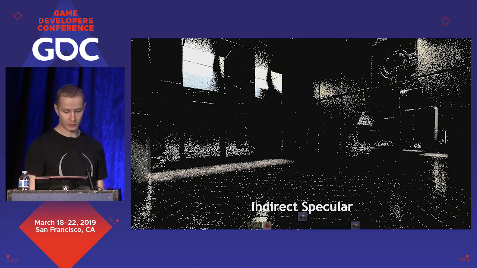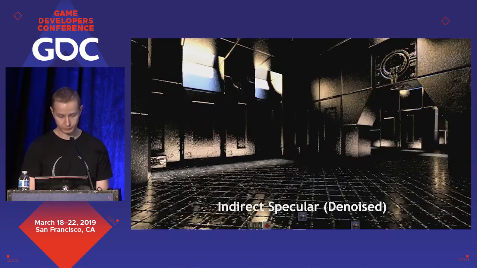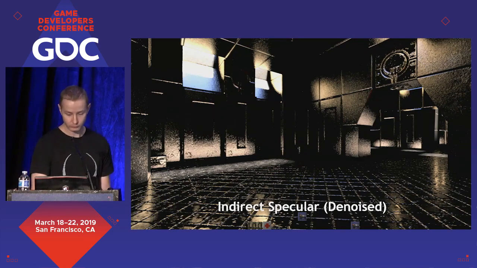So we separated the specular into its own channel, and we apply a purely temporal denoiser, a very, very simple temporal denoiser to that. But again, it's guided by the gradient samples, so that we don't get that horrible kind of ghosting that you can get with a purely temporal thing. This is what we get out of the temporal denoiser for specular.